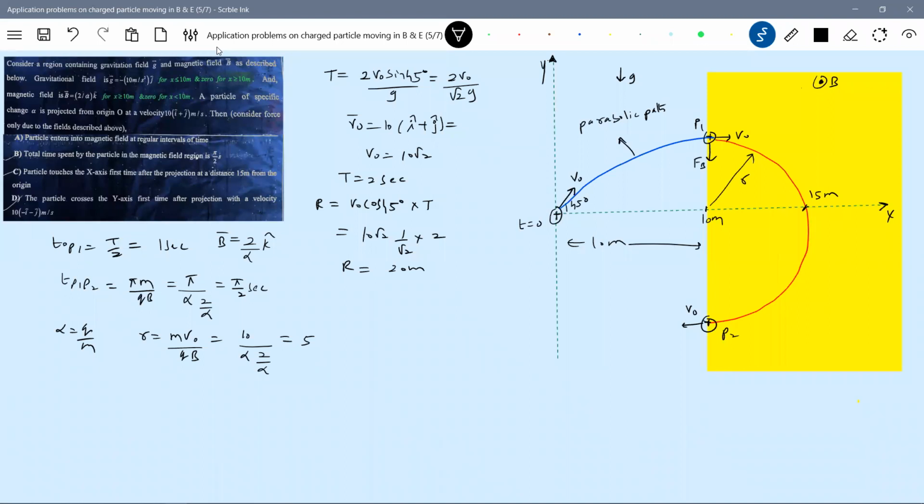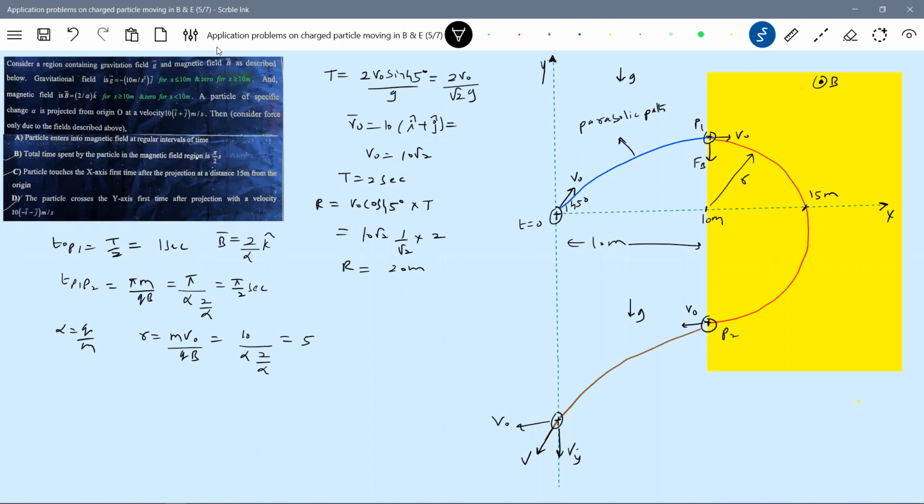The particle crosses the y-axis first time after projection with a velocity. Why after this? Oh, it is going to move in a path like this. Again, it will come like this. Again, due to the presence of gravity it is going to describe a parabolic path. Here it will have v naught and this will be vy.